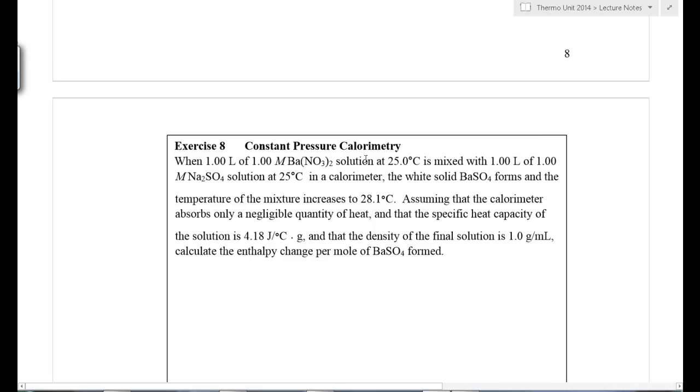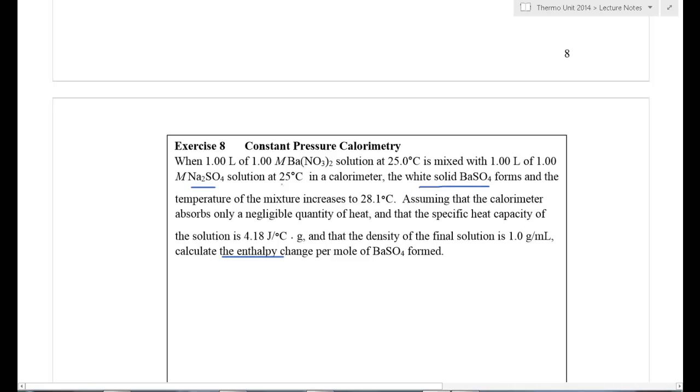Constant pressure calorimetry. Alright. When I have 1 liter of 1 molar barium nitrate solution at 25 degrees mixed with 1 liter of 1 molar sodium sulfate in a calorimeter, a white solid forms, barium sulfate.